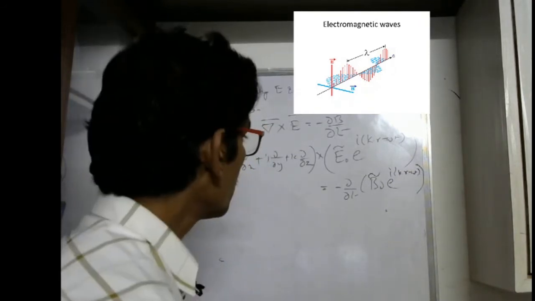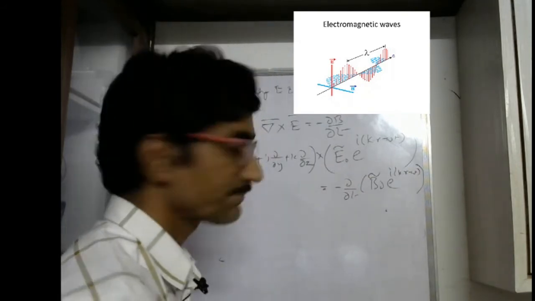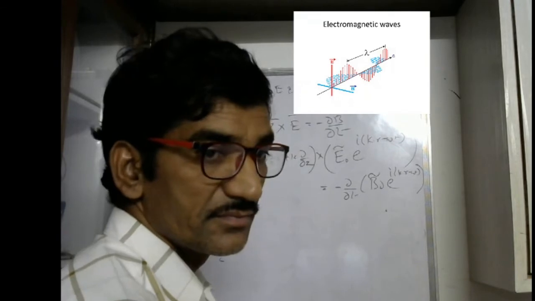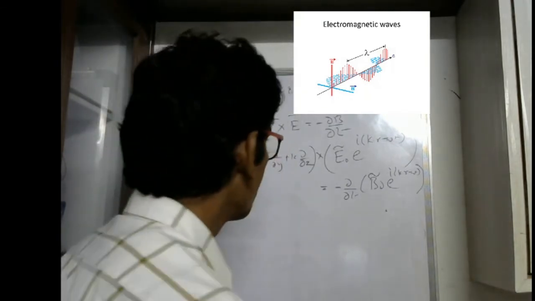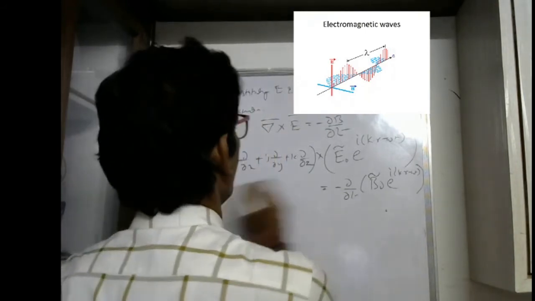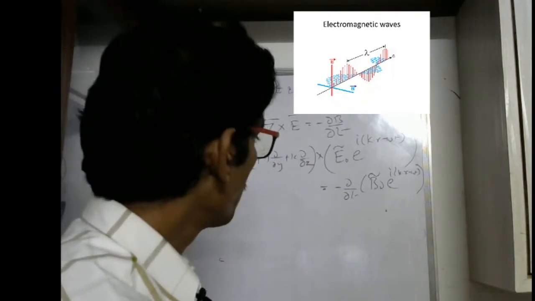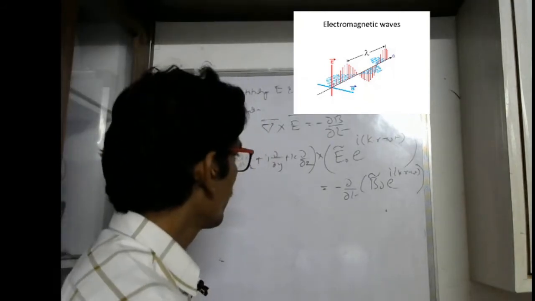Okay. Now let us do the cross multiplication between these two things here. What will you be getting here? This is a cross multiplication. So what will you be getting in this case?